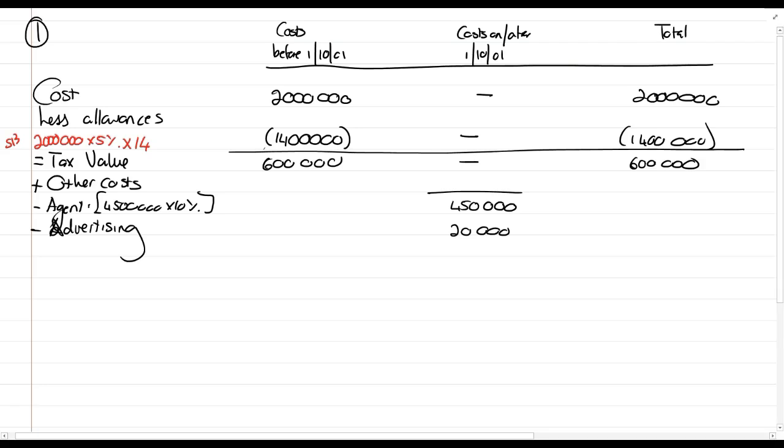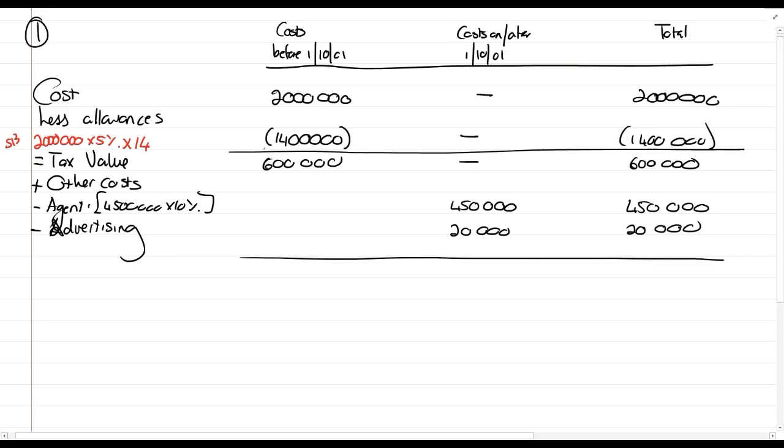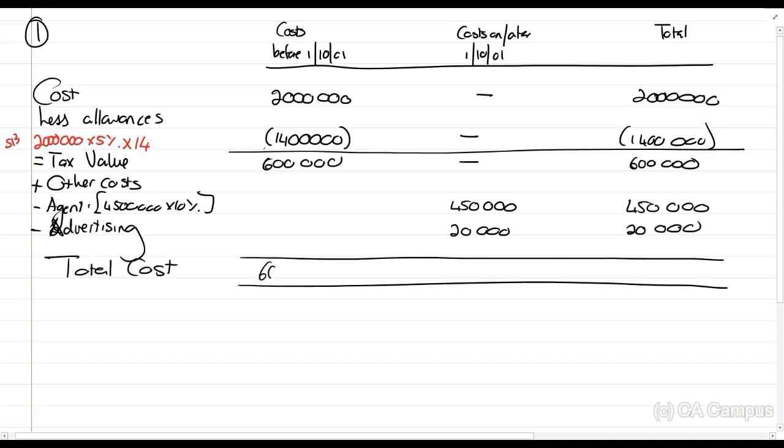All right. So that gives us our total cost, 600,000. Okay, now what I want you to see is I call this A, B, and C, just for reference purposes.